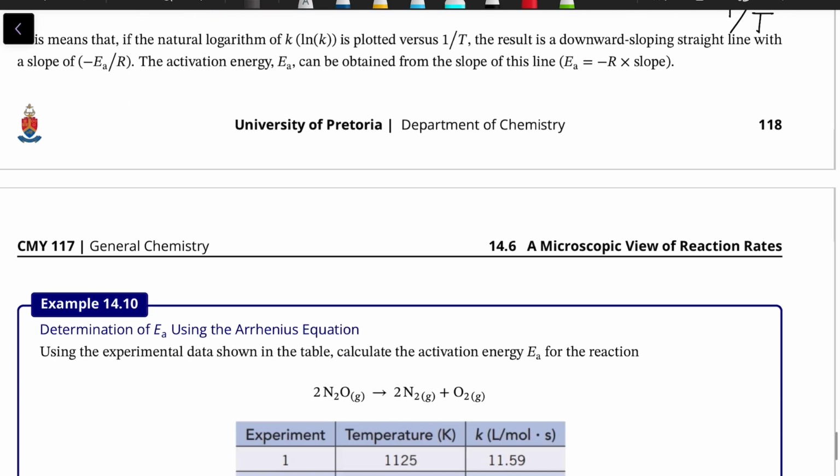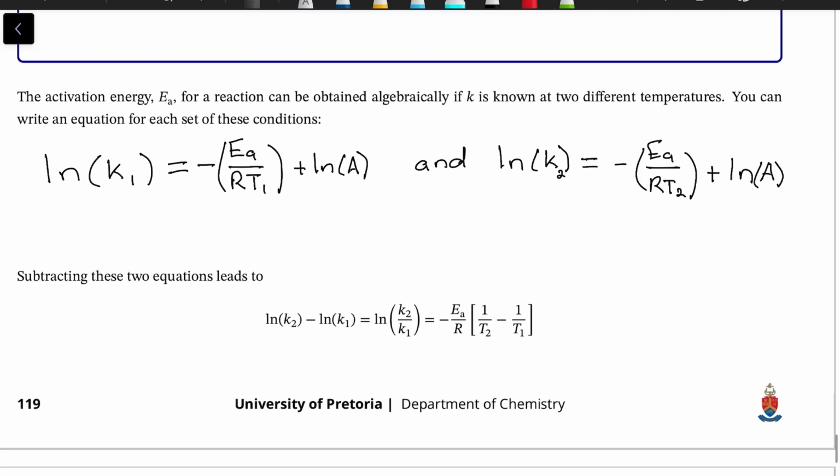Then in principle, something that you could do is you could use an algebraic method to determine the activation energy. So meaning you could take one set of k and T data and another set of k and T data, and you can subtract the two from each other.